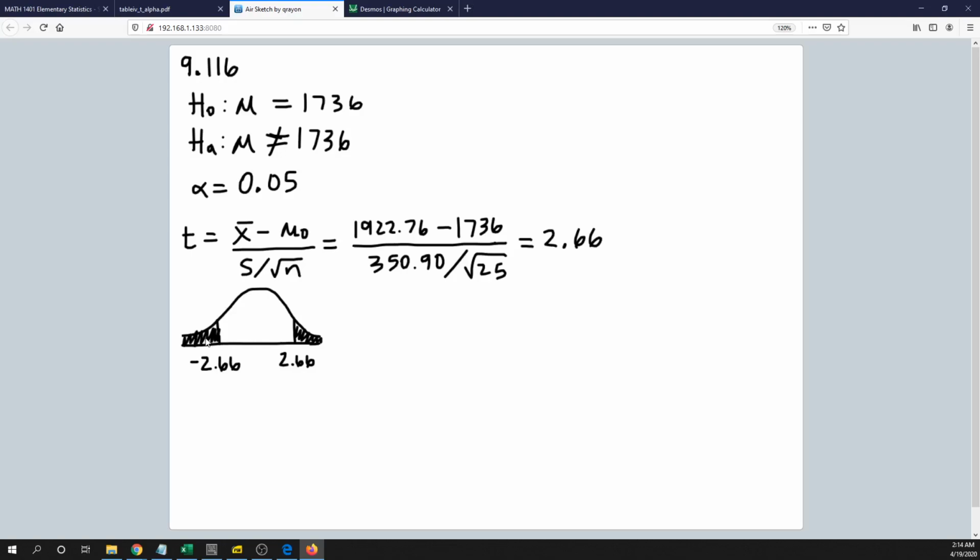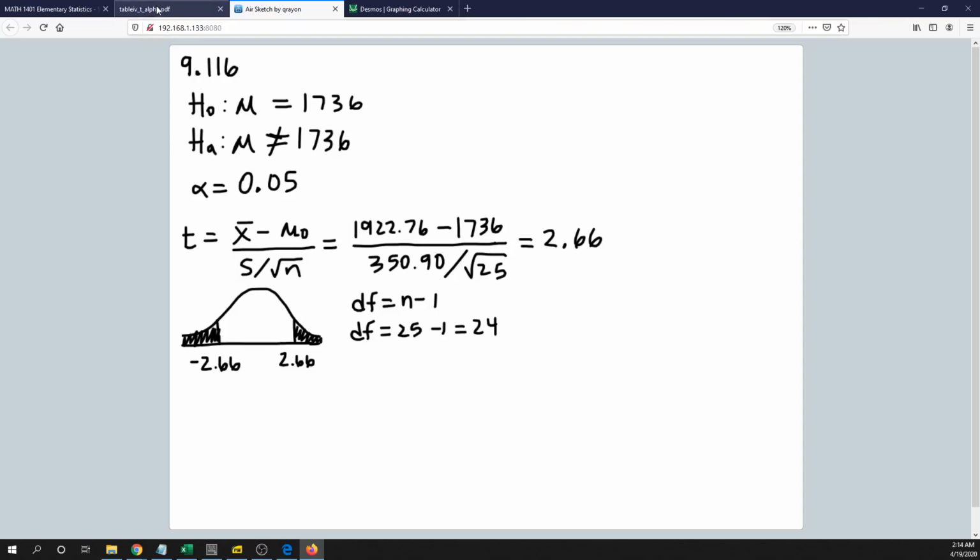All right. So before we go to table 4, we'll need to know what the degrees of freedom are. Remember, the degrees of freedom is 1 less than the sample size. So our sample size here is 25, so we get 24 for the degrees of freedom.